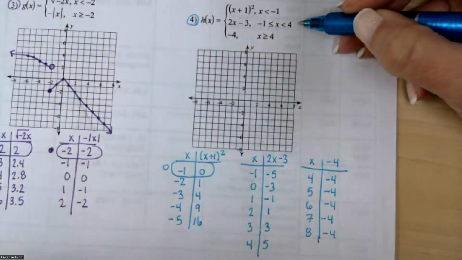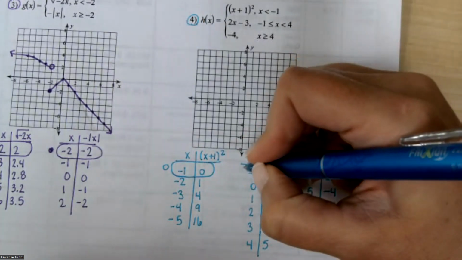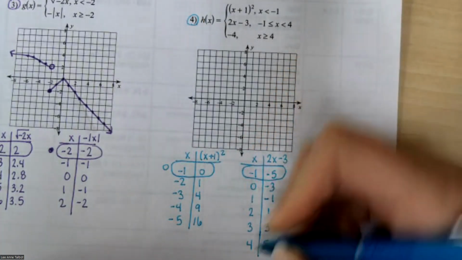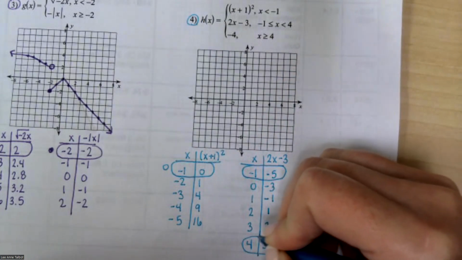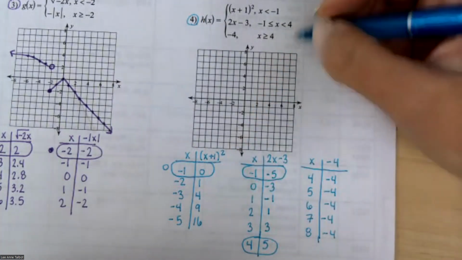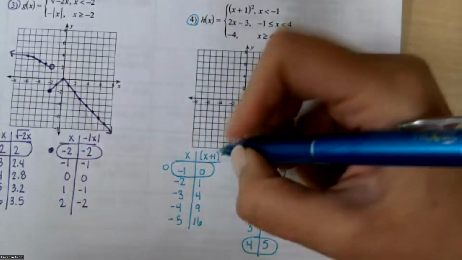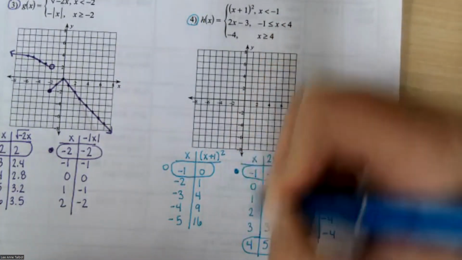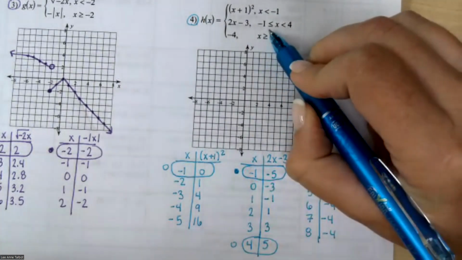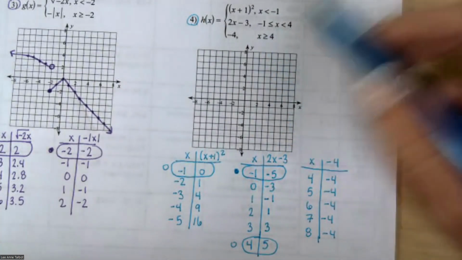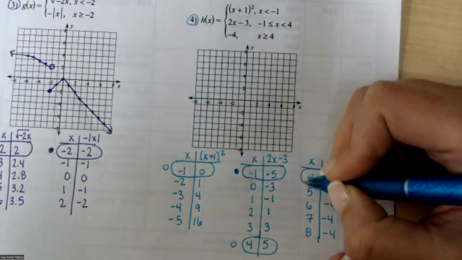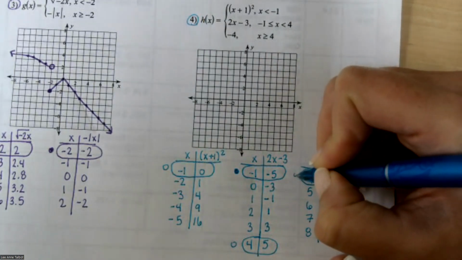Okay, where are the endpoints for the second piece? -1 and 4. Open or closed? Closed on -1, but open on 4. Do you see it? Are you sure? Closed, open. Okay, and then closed here.